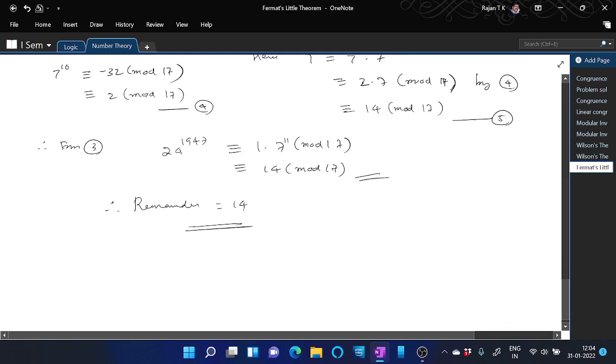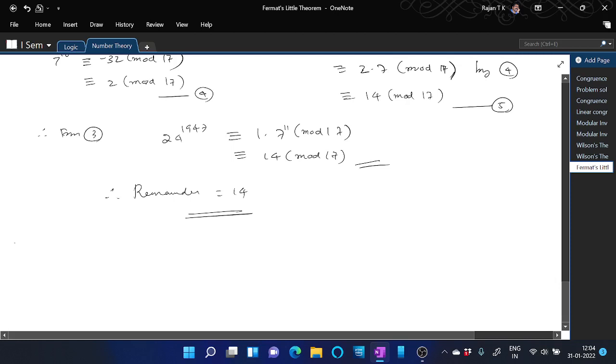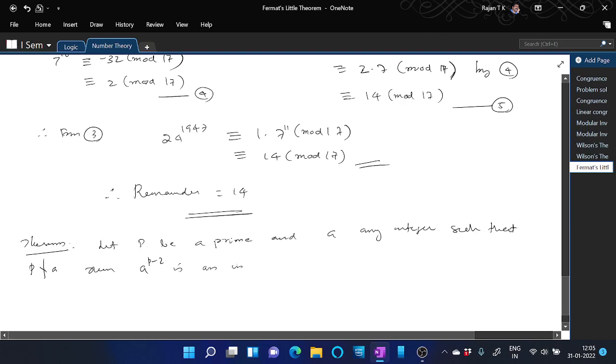Now another theorem which is deduced from Fermat's little theorem is that if p is any prime number, let p be a prime and a any integer such that p does not divide a, then a raised to p minus 2 is an inverse of a modulo p.